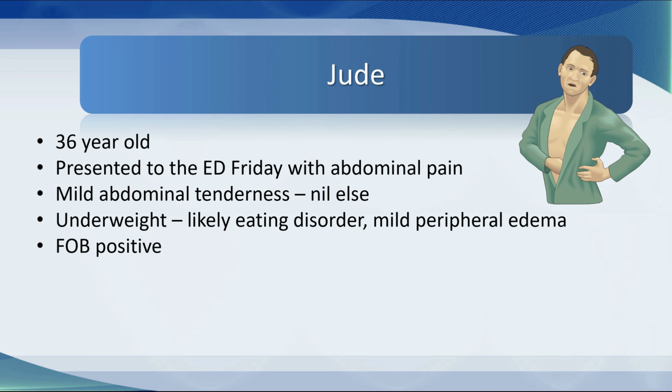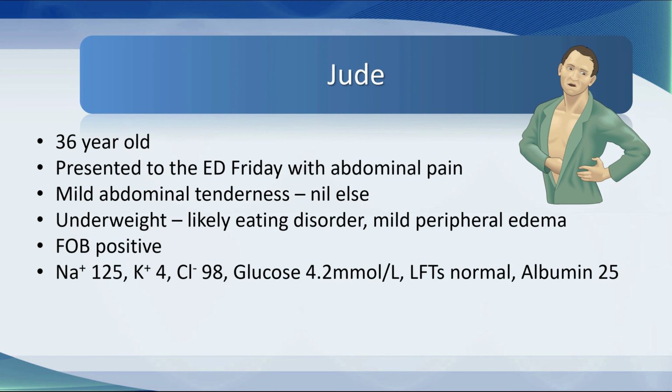On examination, Jude is fecal occult blood positive. The labs are as follows: sodium 125, potassium 4, chloride 98, glucose 4.2 millimoles per litre. LFTs are normal and the albumin is 25 grams. So that's a normal glucose with a low albumin, low sodium and low chloride.